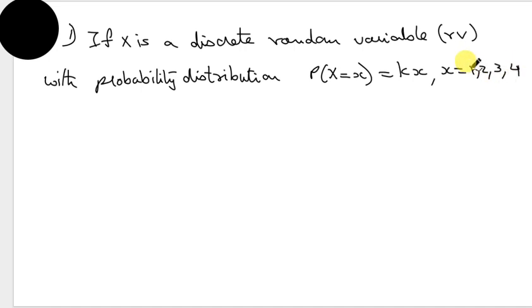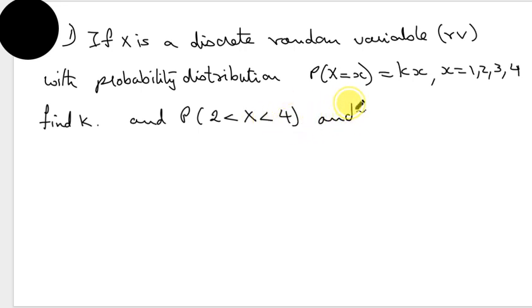So X is taking only finite values. Find k, and also find the probability of 2 strictly less than X less than 4, and also find the probability of 2 less than or equal to X less than or equal to 4.